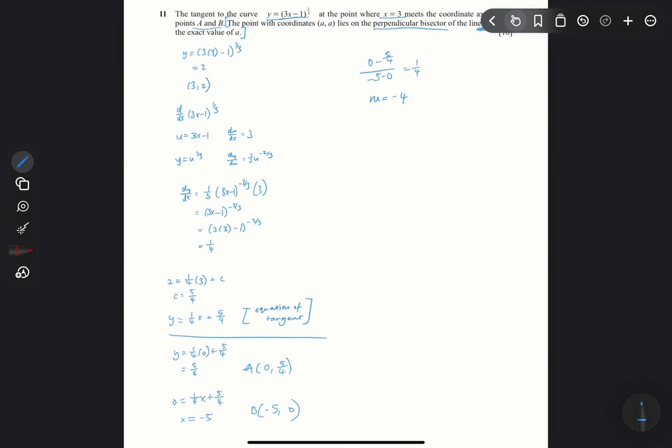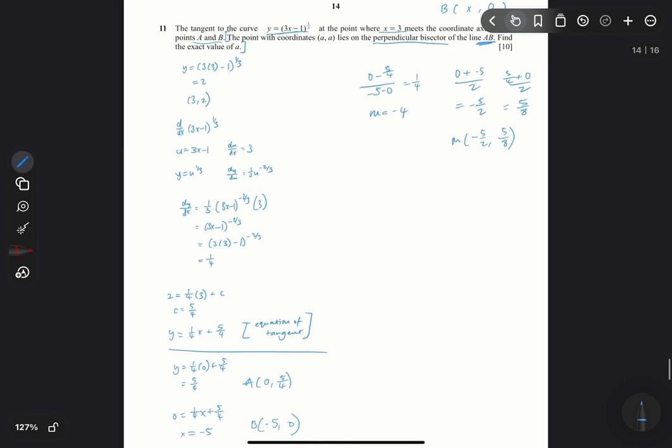And since it's a perpendicular bisector, you can get one of the coordinates from the midpoint of AB. So to calculate midpoint, you would be doing this. So this is the midpoint of line AB, and you have the gradient.